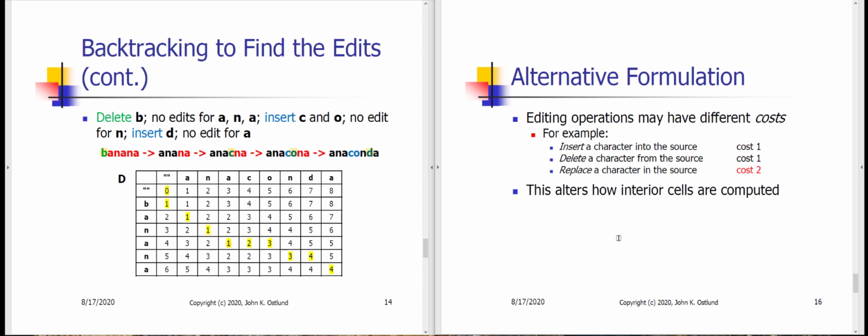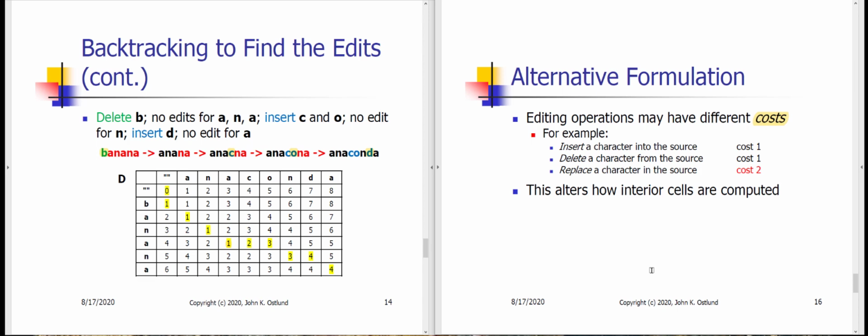Sometimes this problem is presented with a slightly more complex formulation. It is possible to specify that each of these editing operations has a different cost. So our assumption when we set this up was that insert had a cost of 1, delete had a cost of 1, and replace had a cost of 1.